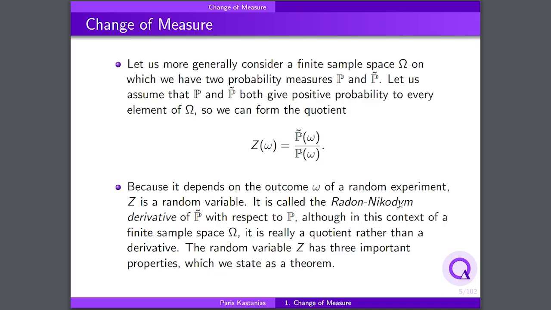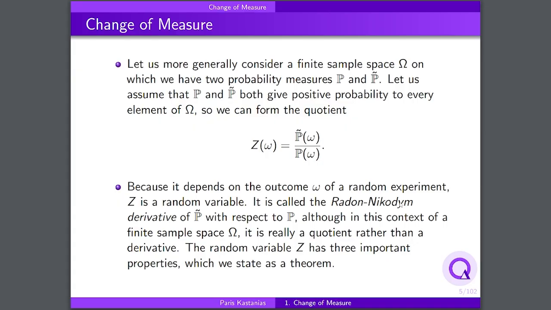So more generally, we're going to consider a finite sample space omega, which is a collection of things that could occur in a probability space. Then we have these two measures, P and P tilde.